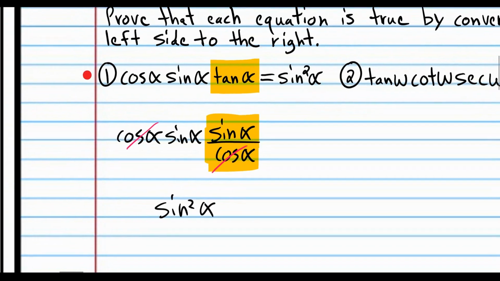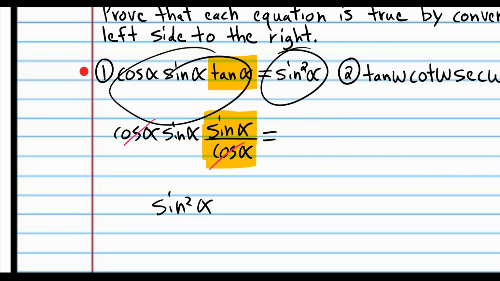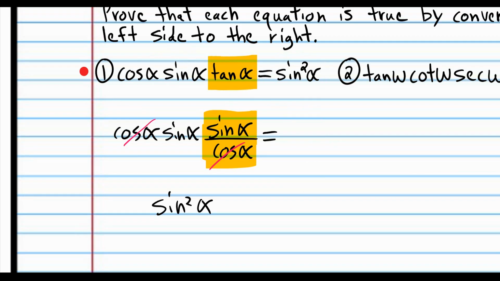Now, one thing that I want you to do is to carry down this equal sign, not really because we need it to show that it's equal to anything, because we don't assume that this expression is equal to sine squared. That's what we're trying to prove. But I want you to carry that equal sign, or continue that symbol as we go into each step, because it demonstrates that we're on the left side of the equation.